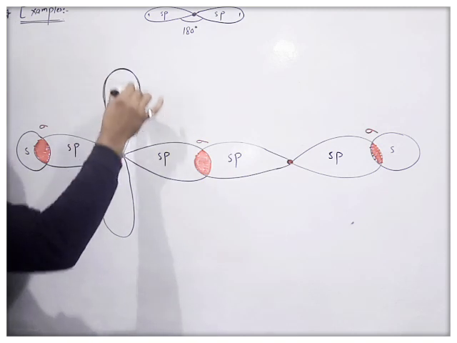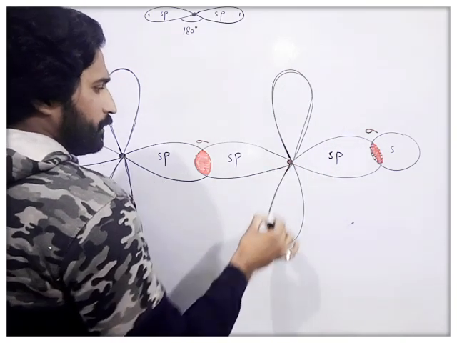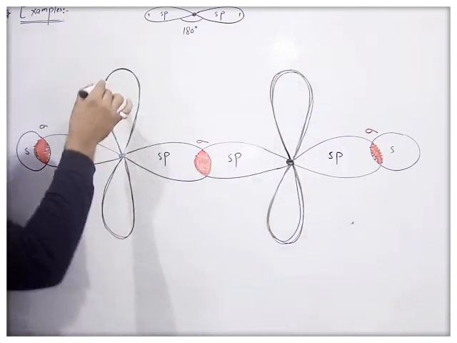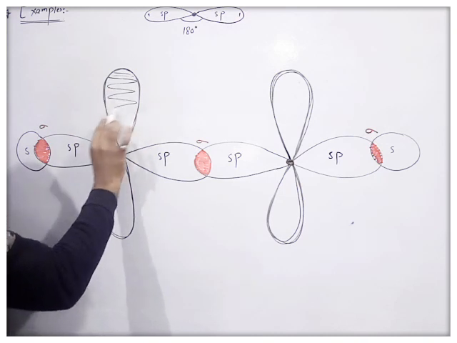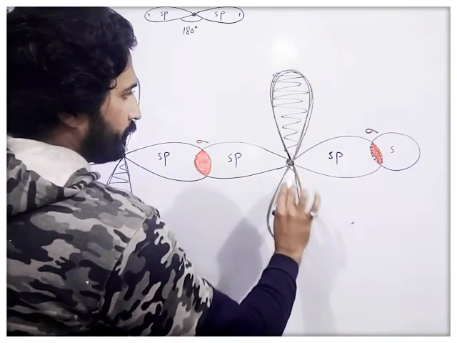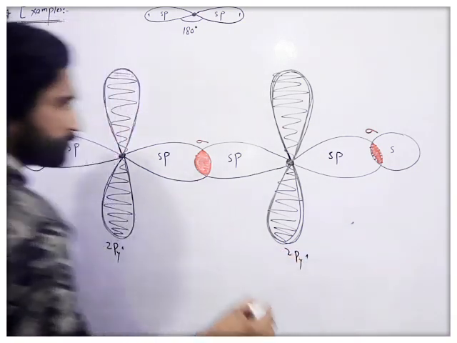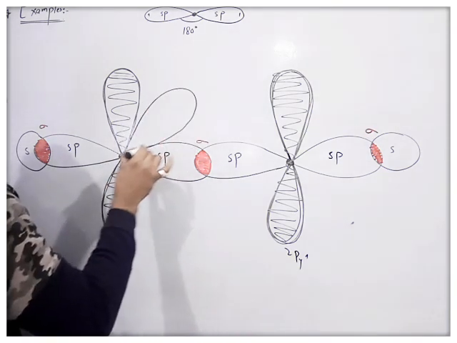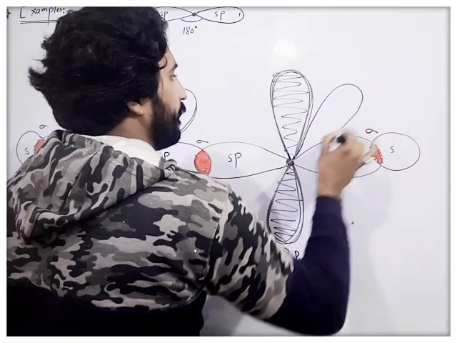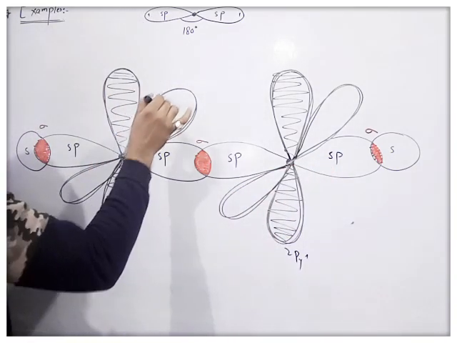Each carbon has two unpaired electrons. Each carbon has two unpaired and unhybridized orbitals, 2py and 2py, and 2pz and 2pz. The 2py orbitals having one electron can be shaded just for differentiation, and the 2pz orbitals can be dotted.